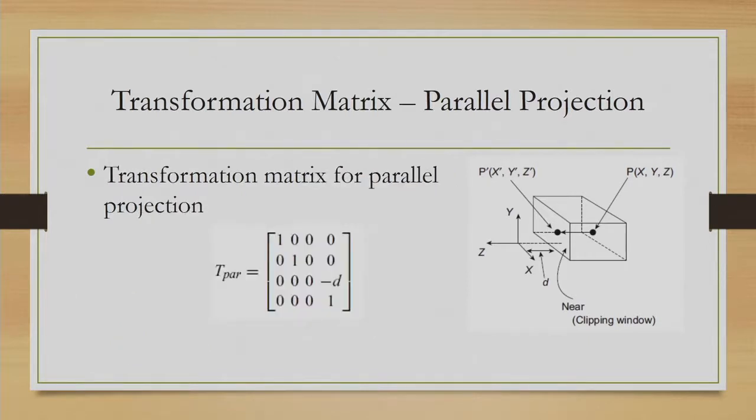Then we can represent this information in the form of a transformation matrix for parallel projection as shown here. So, when we multiply this transformation matrix with the point vector P, then we will get the new point vector P dash.